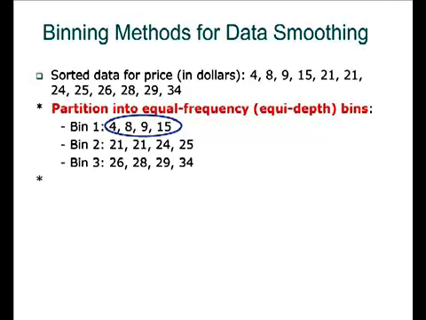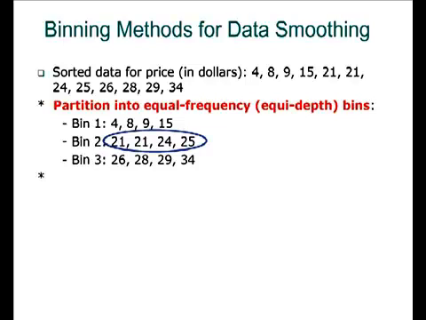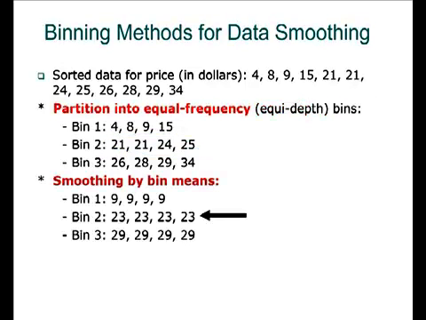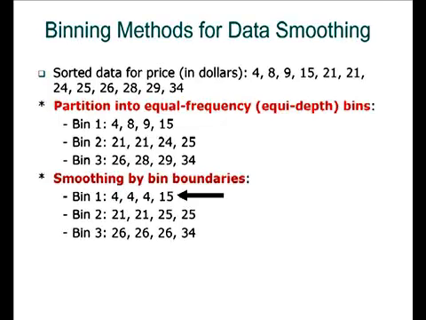Then if I use smoothing by bin means, the average of 4, 8, 9 and 15 is taken as the bin value for bin 1. For bin 2, all the values are replaced with the average of 21, 21, 24, 25, that is 23. For bin 3, the average value is 29, so all the 4 values are replaced with 29. So this method is called smoothing by bin means.